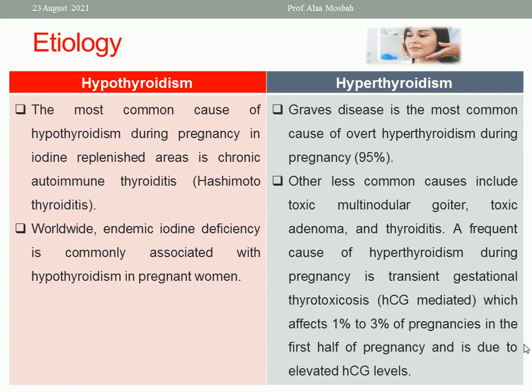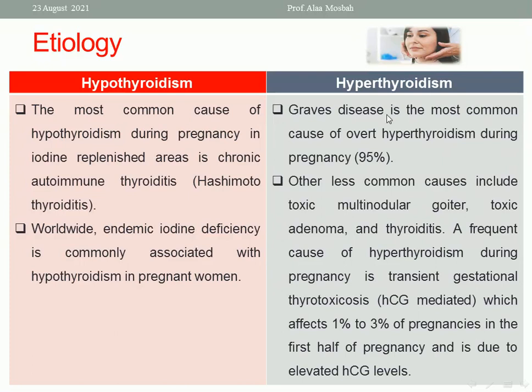As regards hypothyroidism, the most common cause during pregnancy in iodine replete areas is chronic autoimmune thyroiditis, called Hashimoto thyroiditis. The second cause is worldwide endemic iodine deficiency.